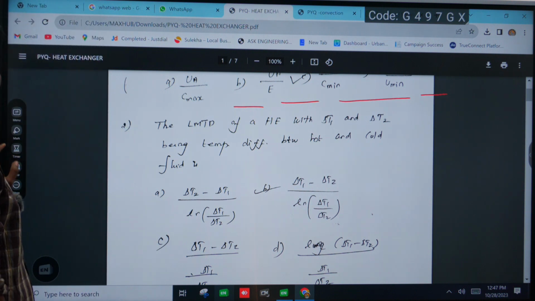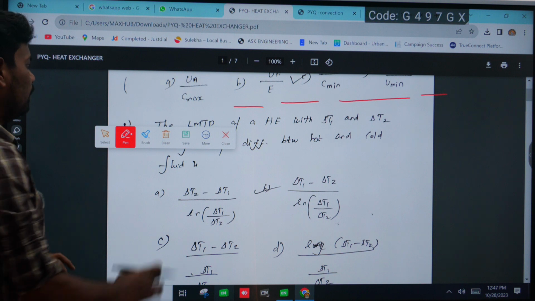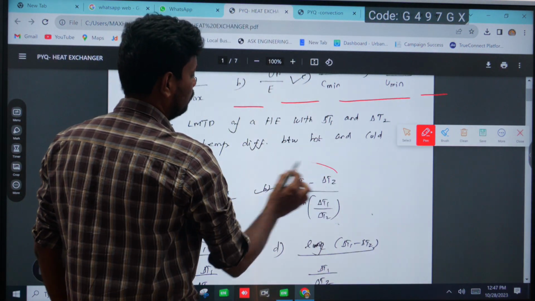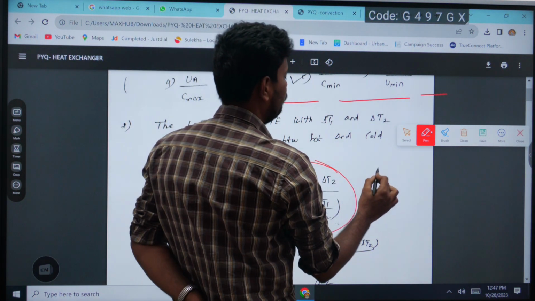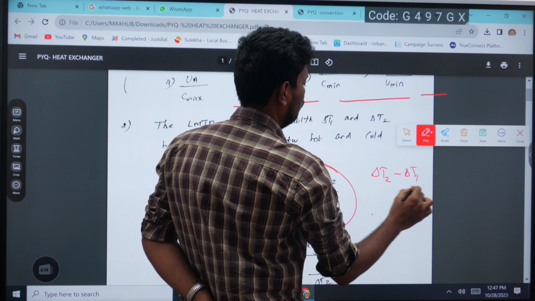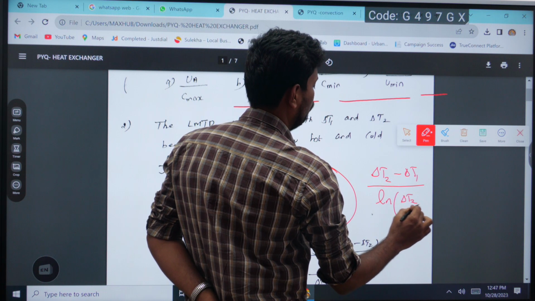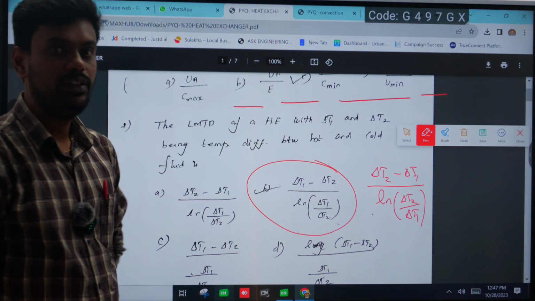Okay, so here one more option you please remember. Sometimes, to confuse you, they will not give this one. What will they give? They will give delta T2 minus delta T1 divided by ln of delta T2 by delta T1. This is how they will give it.